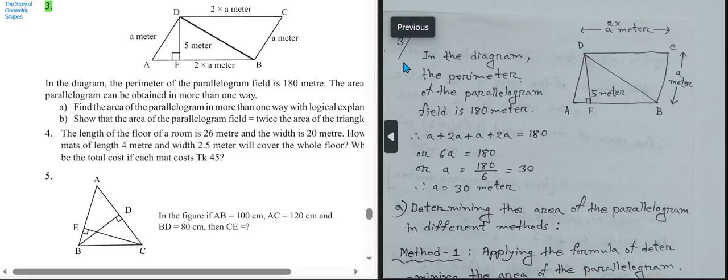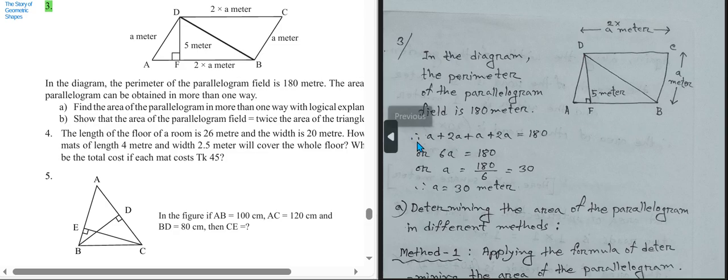In the diagram, the perimeter of the parallelogram field is 180 meter. We know that the perimeter is the total outer length of the parallelogram, or the summation of all sides of the parallelogram.